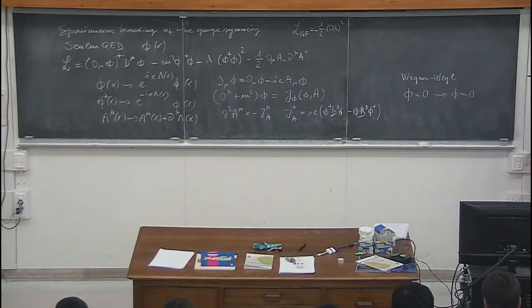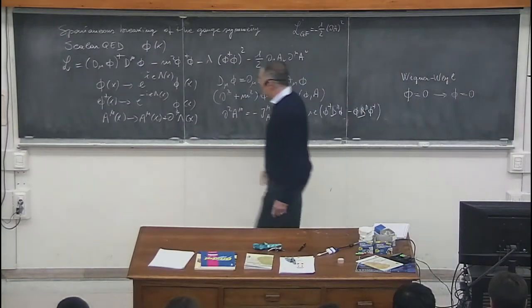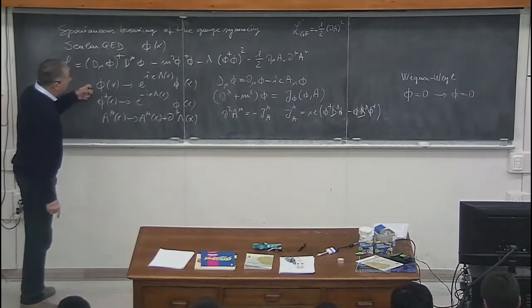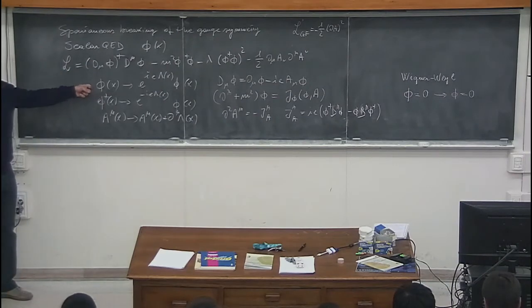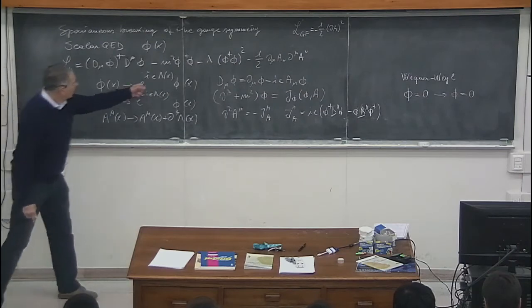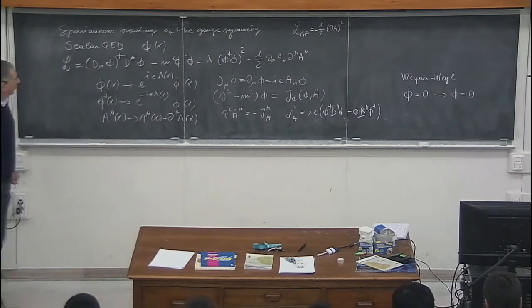The field configuration corresponding to φ equal to 0 everywhere and at any time is transformed into the same configuration, φ equal to 0, by the gauge transformation. This is homogeneous in φ. So φ equal to 0 goes to φ equal to 0.